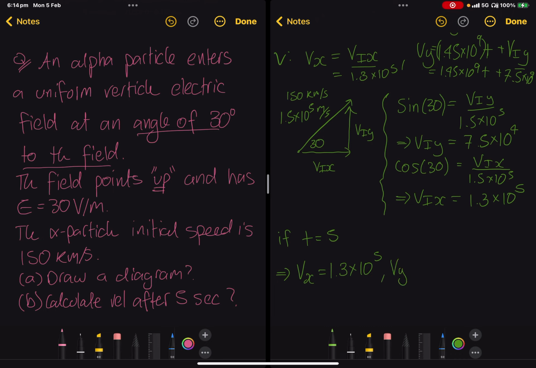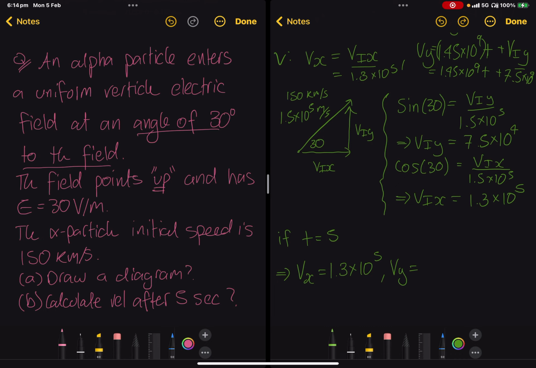And for v of y, we're going to let t equal 5. So we get 1.45 times 10 to the power of 9 times 5 plus 7.5 times 10 to the 4.